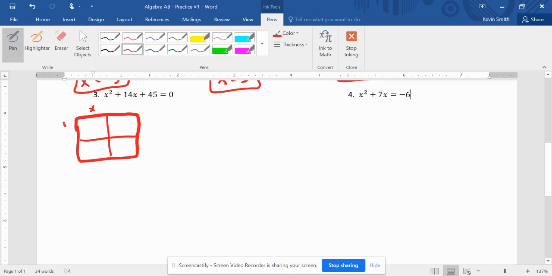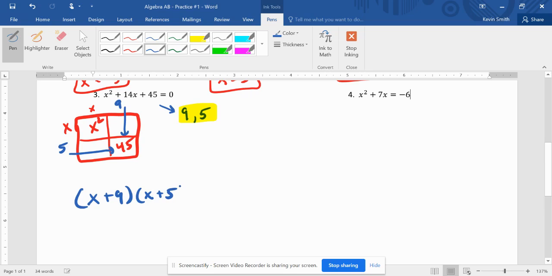So x and x will give me my x squared. And I've got to figure out two numbers that will multiply to 45 and add up to 14. I believe those are going to be 9 and 5. There are other options we can check, but 9 and 5 will be the right one that adds up to 14. So x plus 9 and x plus 5 equals 0.